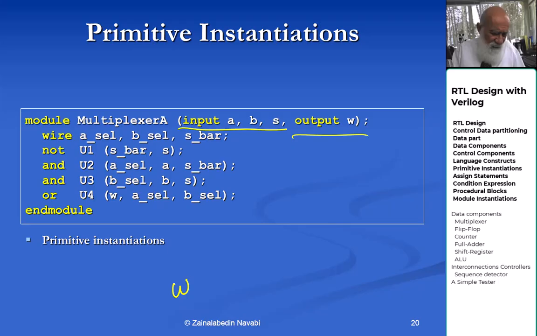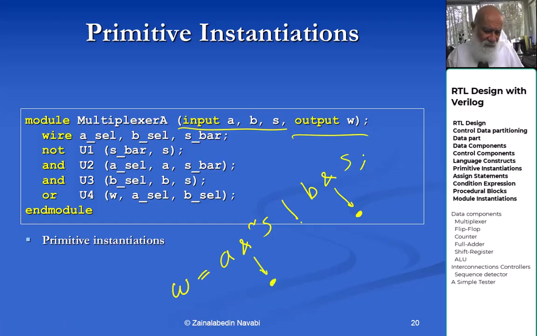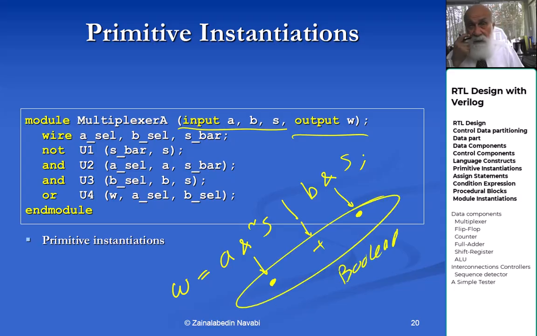So I can say W is, let's see, A ANDed with S bar, ORed with B ANDed with S. Okay, I'm using this. If you look at the Boolean, this is a dot, this is a dot, and this is a plus if you are doing Boolean.